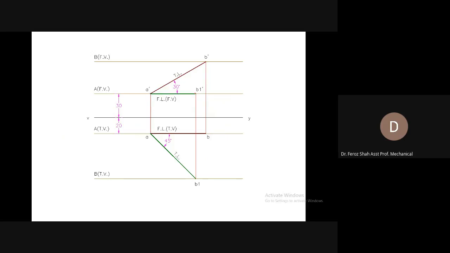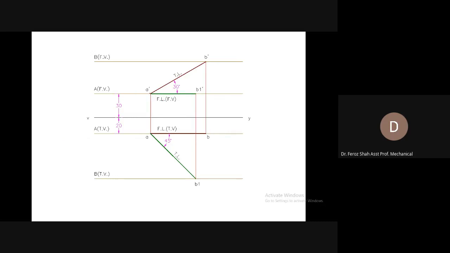to make these front views and the top views, which are parallel to the XY reference line, inclined to the XY reference line by rotating them clockwise and anti-clockwise.